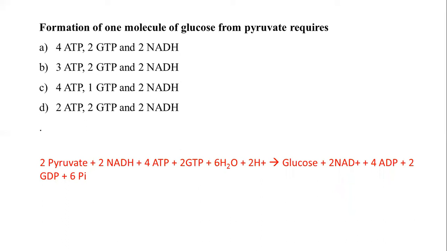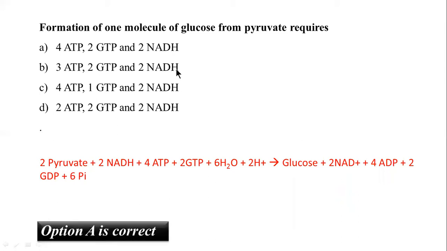So here, the net equation of gluconeogenesis is 2 pyruvate plus 2 NADH plus 4 ATP plus 2 GTP plus 6 H2O plus 2 H+ to give a glucose. So the right answer to this particular question would be option A, 4 ATP, 2 GTP, and 2 NADH.